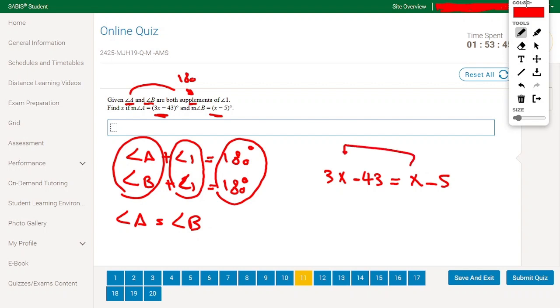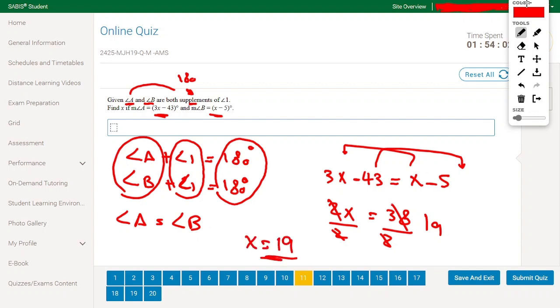Now simplify this equation. x goes to the other side, so it will be 2x, and minus 43 goes to the other side, so it will be equal to 38. Divide by 2, divide by 2, so x will be equal to 19. So the answer here is 19.